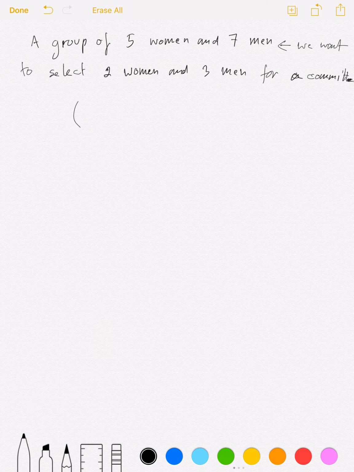So among women there are 5 choose 2, and for men there's 7 choose 3.